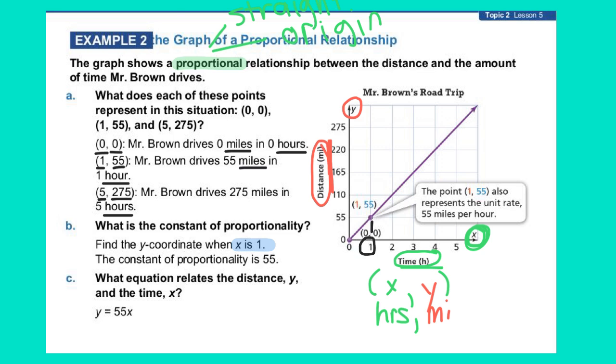We're going to follow it up to the purple line, and then we're going to look to the left, and it is 55 miles. So this person is going 55 miles every hour. Once you know your COP, remember, put it in the box, and now you have your equation.